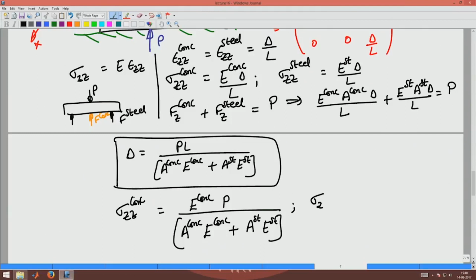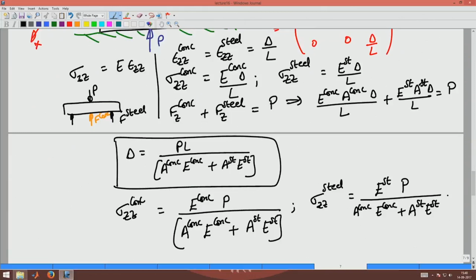Similarly, sigma ZZ of steel would be Young's modulus of steel into P divided by area of concrete times Young's modulus of concrete plus area of steel times Young's modulus of steel. Okay. So, this will be the state of stress in the concrete and the steel pipe.